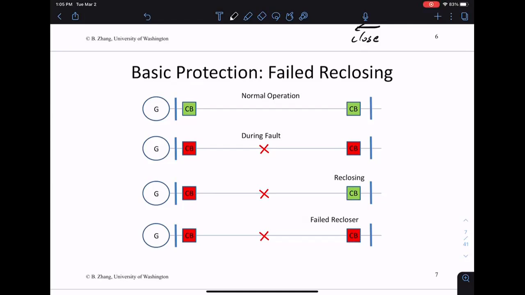And if it tries and cannot reclose, then we stop. So you never actually reclose the one close to the generator. You close from the remote end, wait and see if the fault has cleared, and if the fault hasn't cleared by the time you try to reclose, then you stop trying to reclose.